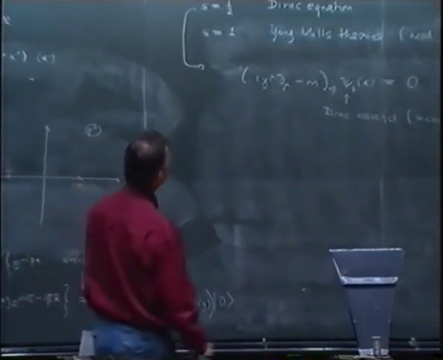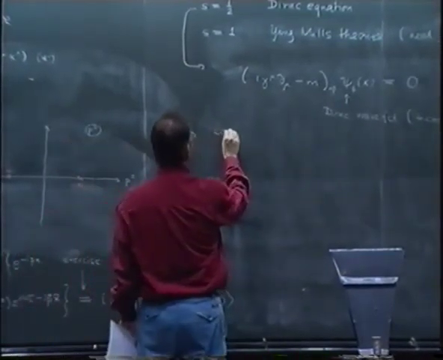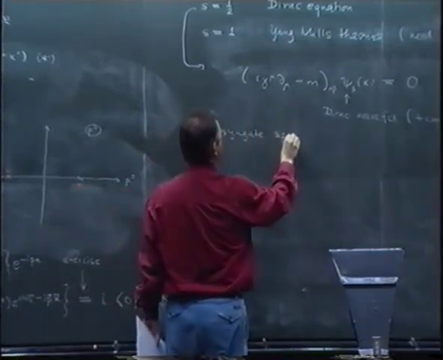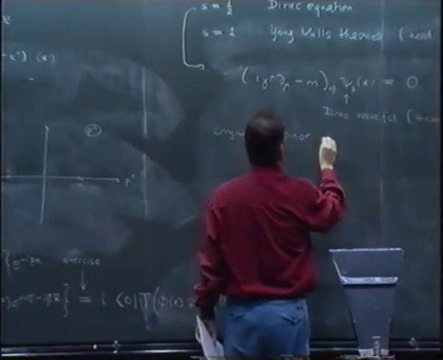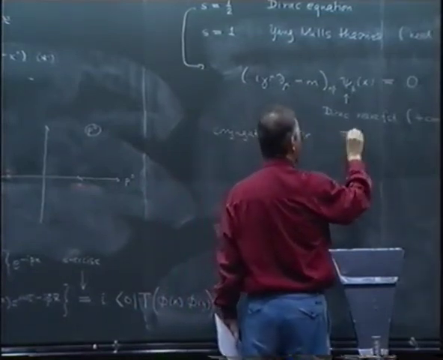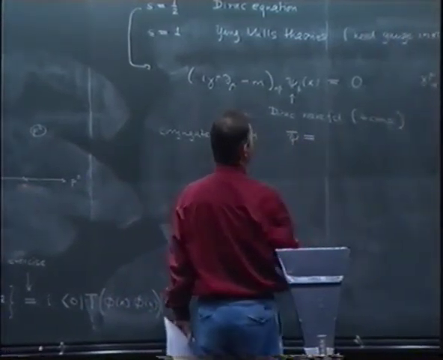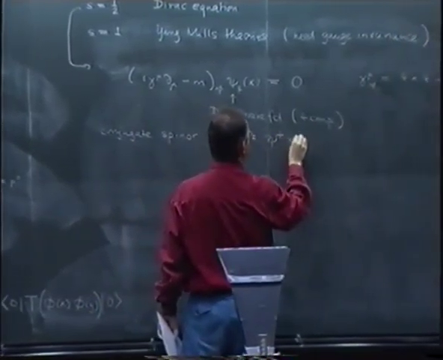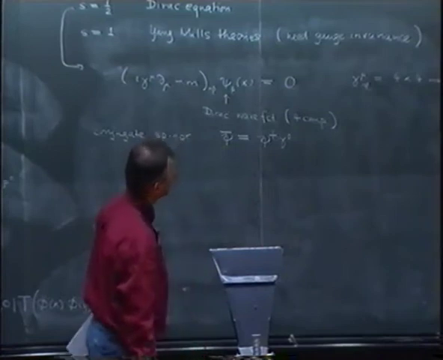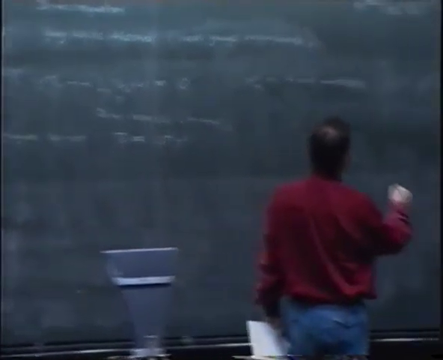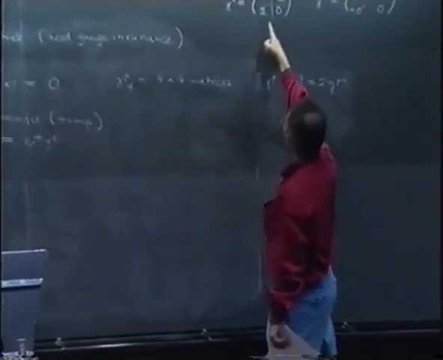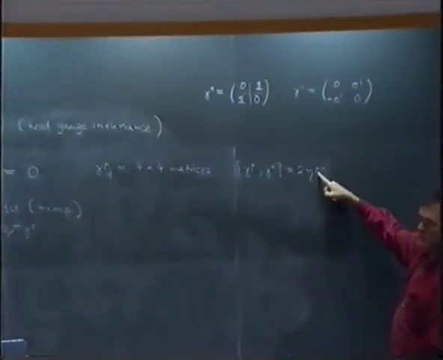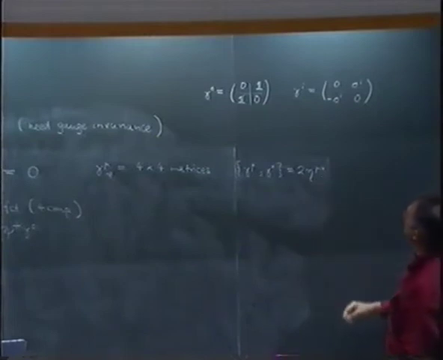Well, we also need the notion of a conjugate spinor, written as psi bar, and defined like this. By the way, I should also say that the hermiticity properties are such that this is Hermitian and this is anti-Hermitian. This, of course, has to do with the minus signs of the Minkowski metric.